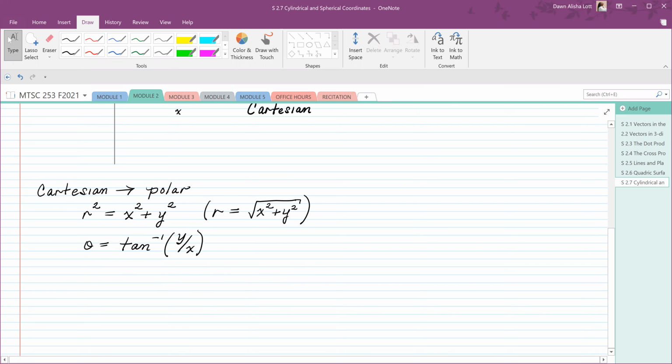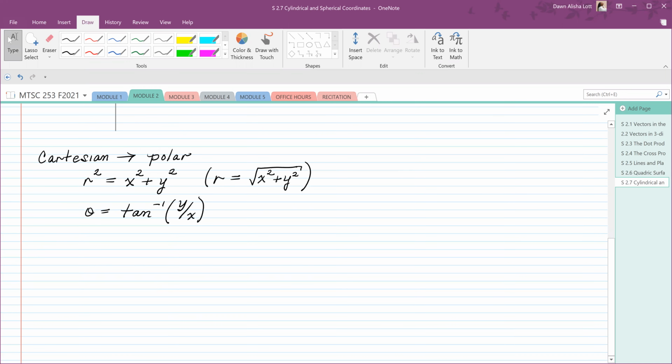All right, so for example, if X is equal to the root of 3 over 2, and Y is equal to 1/2, then we know that r squared is X squared plus Y squared. And in this case, that's going to be 3 over 4 plus 1 over 4. So that is 1.